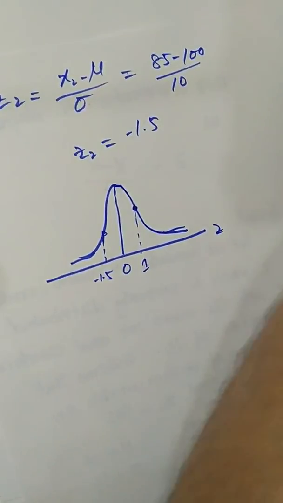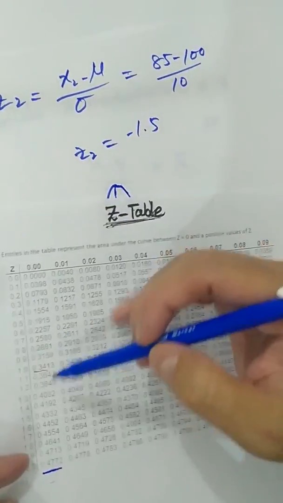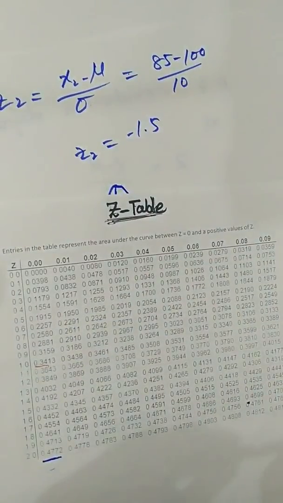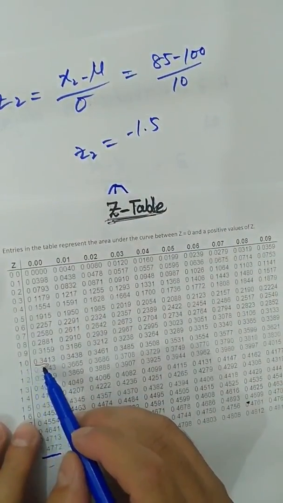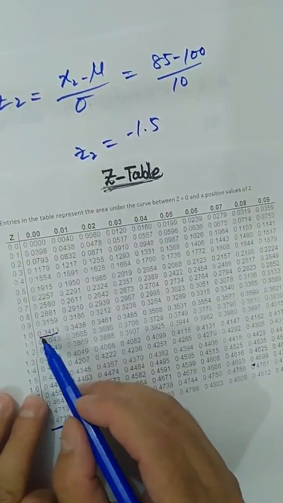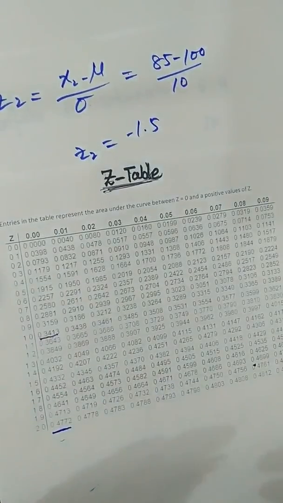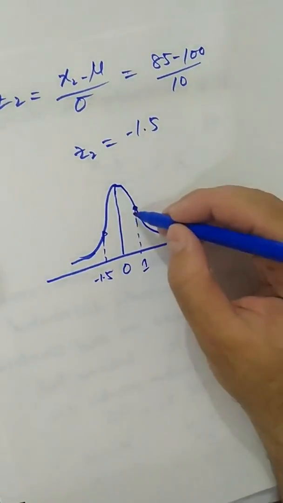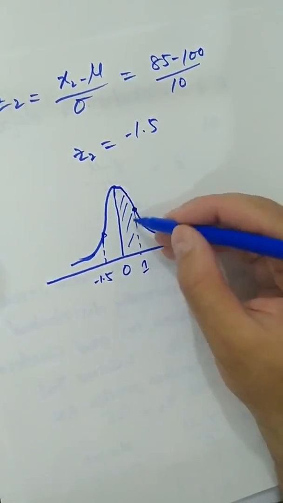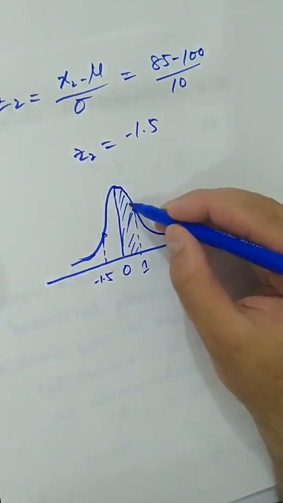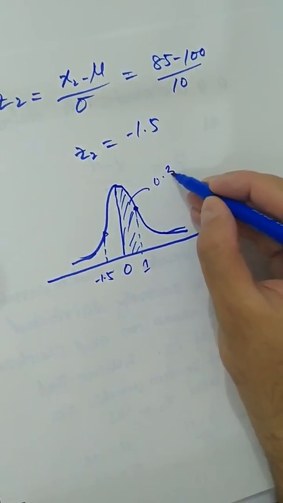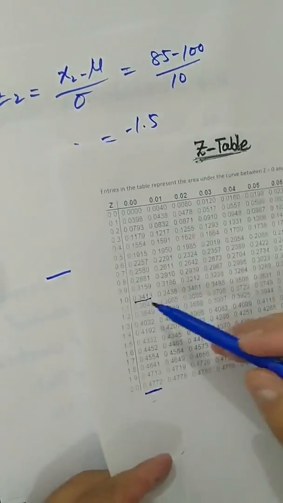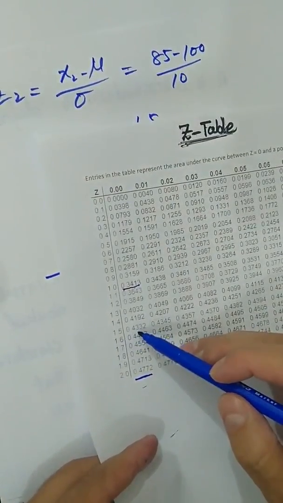Using this z table, when z is equal to 1, the area in this region is 0.3413. On this side, I find the value for 1.5, which is 0.4332.